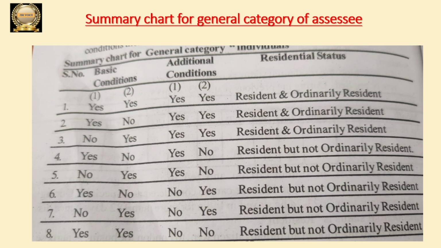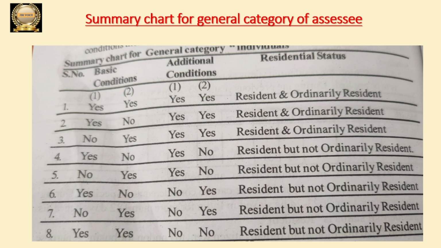If he satisfies one additional condition, he will become resident but not ordinary resident. If he does not satisfy either of the 2 additional conditions, then also he will become resident but not ordinary resident. If you want to call him a resident and ordinary resident, both should be satisfied. So here the first one he is satisfying, but second one no, for the fourth person. So he will become resident but not ordinarily resident.